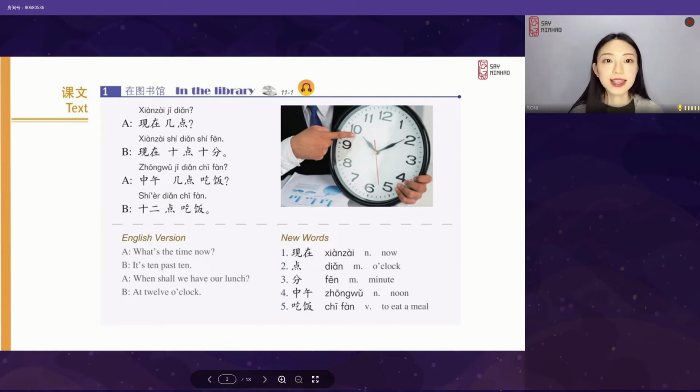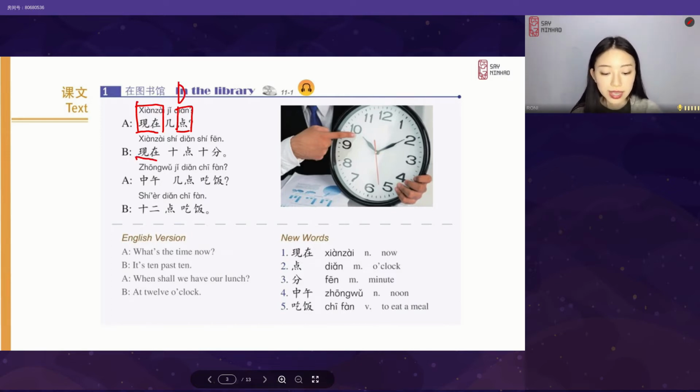First one is 现在几点？ We just learned 点 means o'clock, so this actually means what time it is now. Okay, 现在 means now and 点 means hour, o'clock.